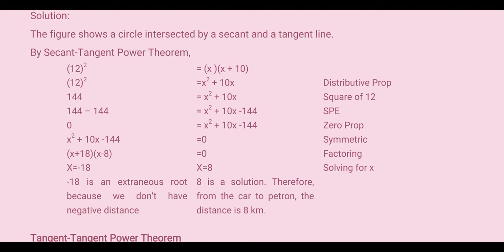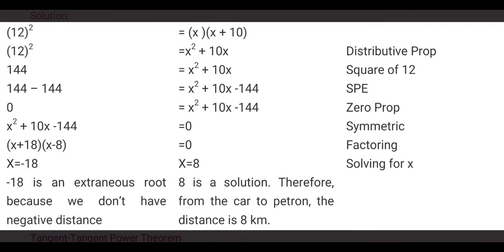We distribute x: x times x gives x squared, and x times 10 gives 10x. Next, you also get the square of 12, which is 144. So look at the third line: 144 is equal to x squared plus 10x.